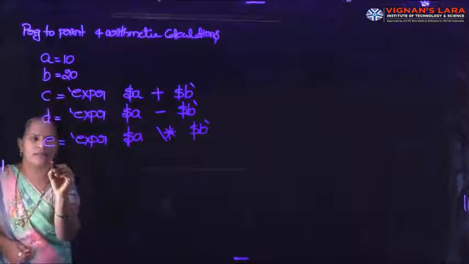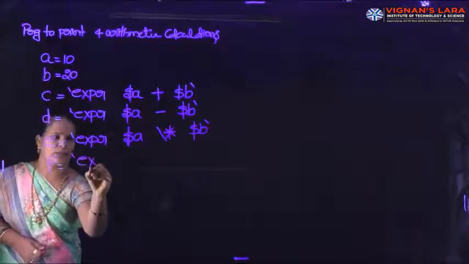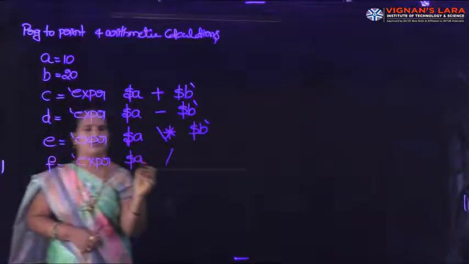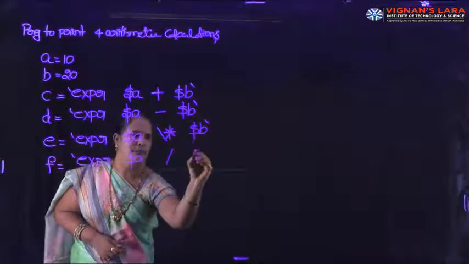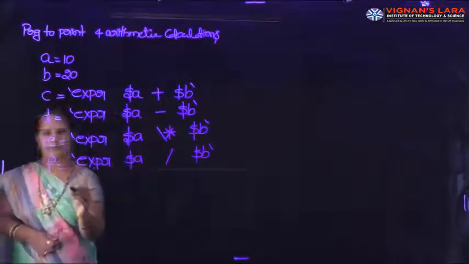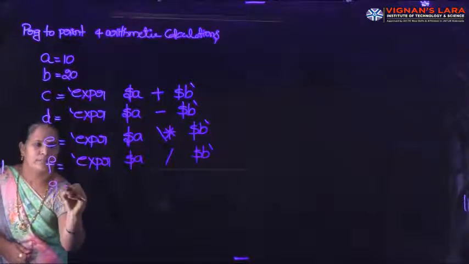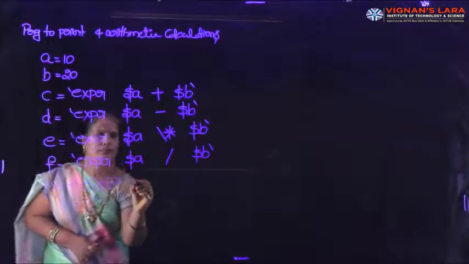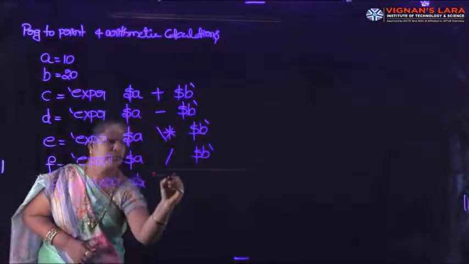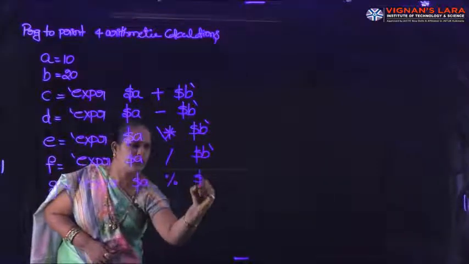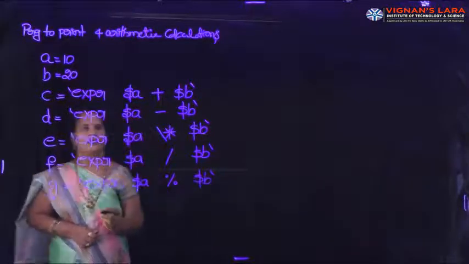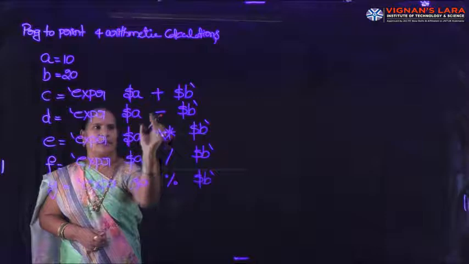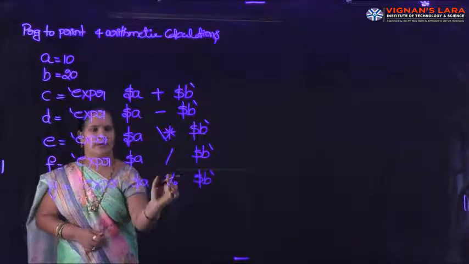Next, division: expr space $a slash. This operator is used to perform the division operation. Then the remainder. So all these statements are used to perform addition, subtraction, multiplication, division and remainder.